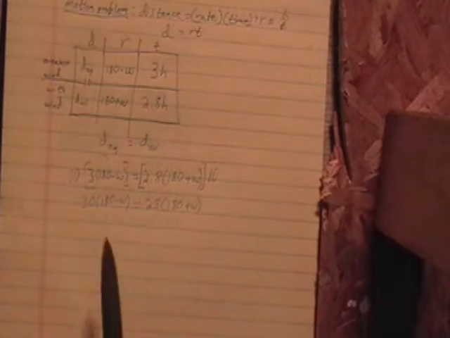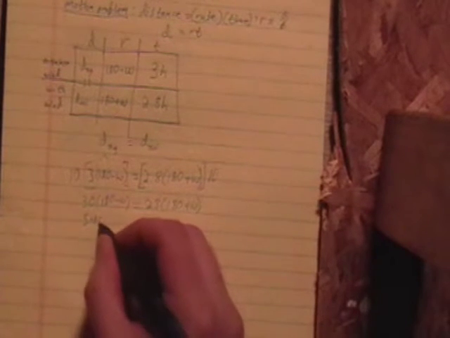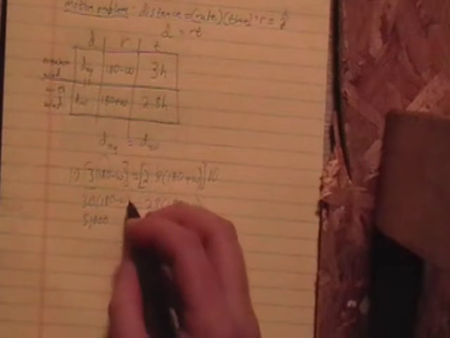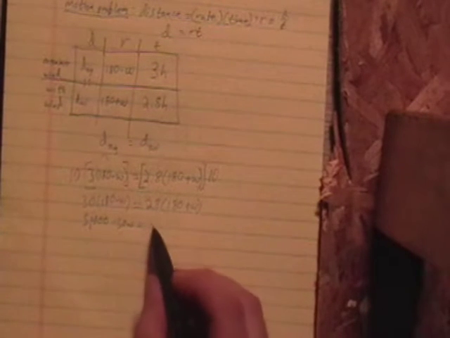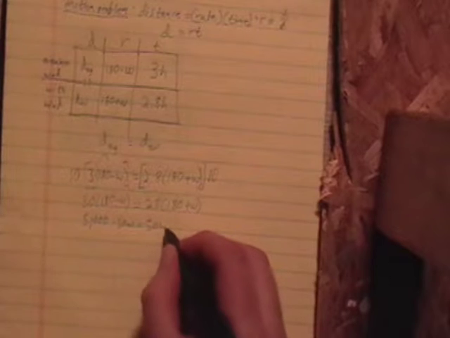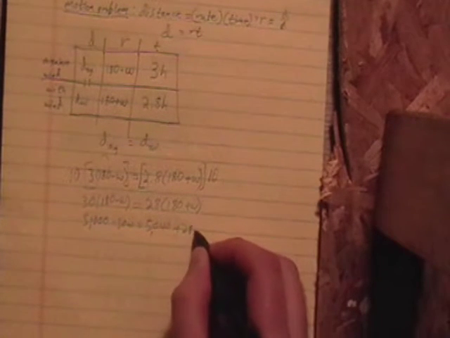Okay, so if we go through and do our distribution, this is where it's nice to have a calculator. We get 5,400 minus 30W is equal to 5,040 plus 28W. That's fine.